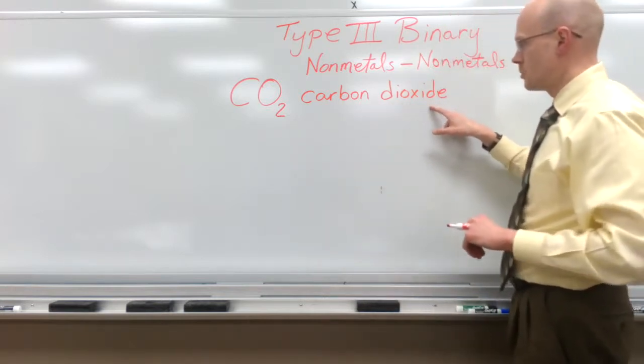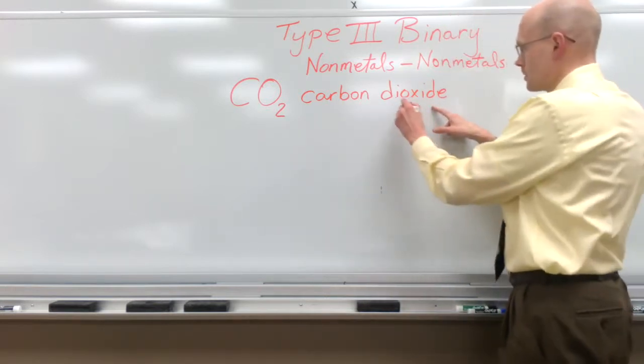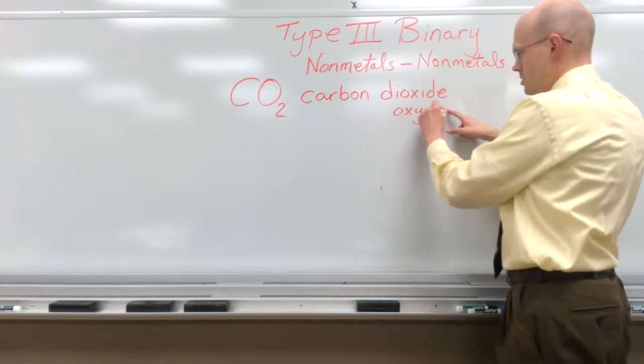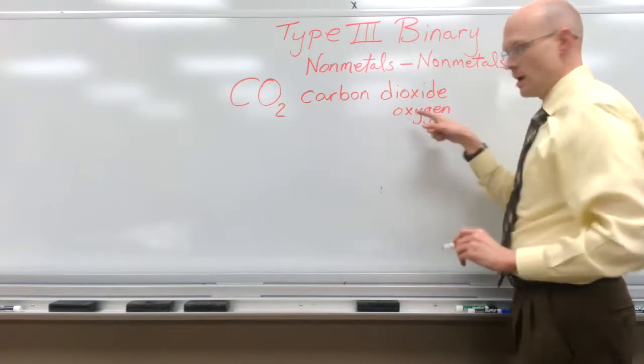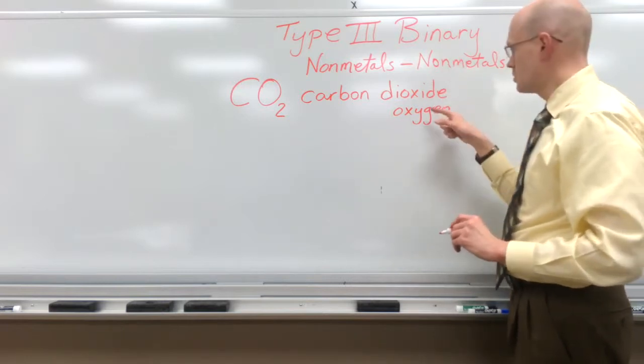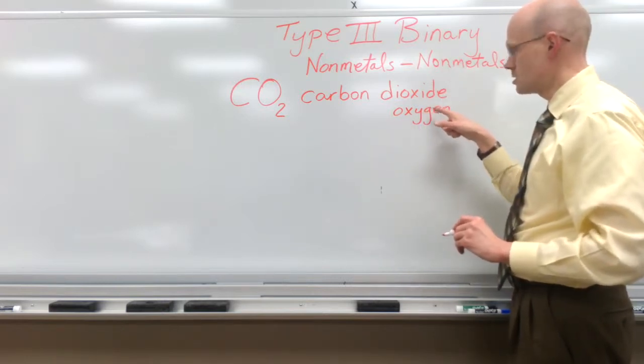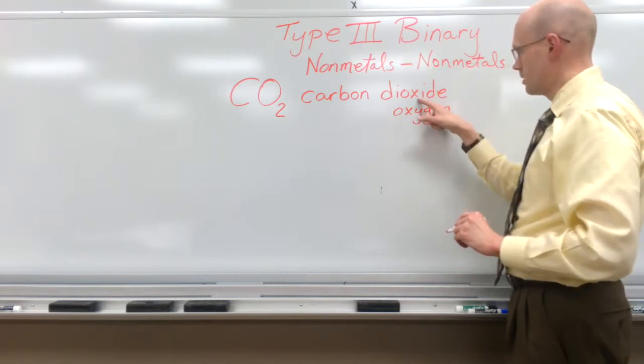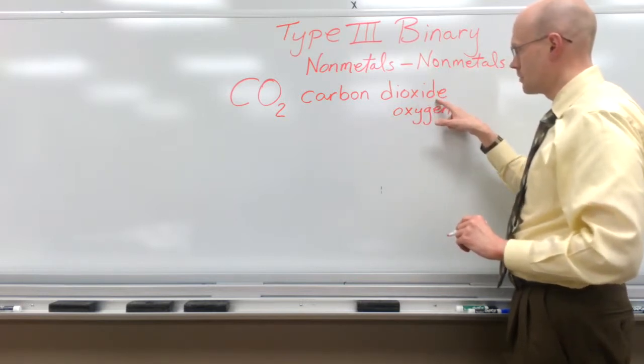Then the second element is oxygen. We change the ending, as we did on type 1 and type 2 binary compounds, from oxygen to oxide. We gave it the IDE ending.